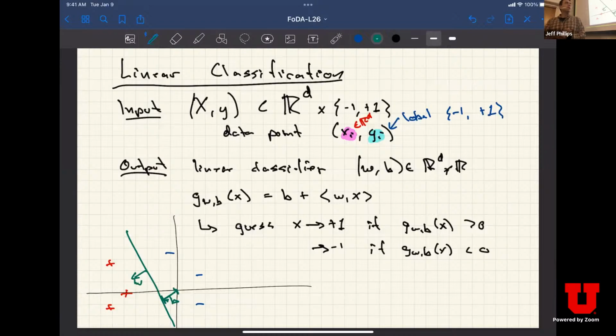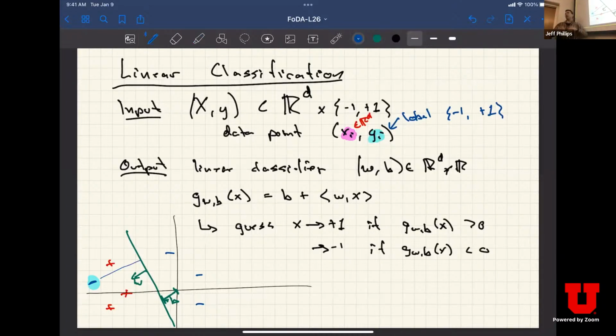Okay, so last week what we did is we said we're going to measure a penalty on each point on how well it's classified or misclassified. In this case, all the points are classified correctly, but if you have another negative point that's over here, now this point is misclassified, and there's going to be some sort of error, which is the distance to this line, this hyperplane, and that tells you how far it's misclassified.